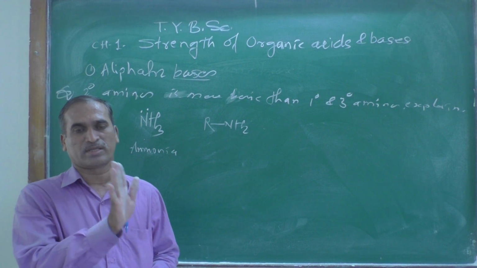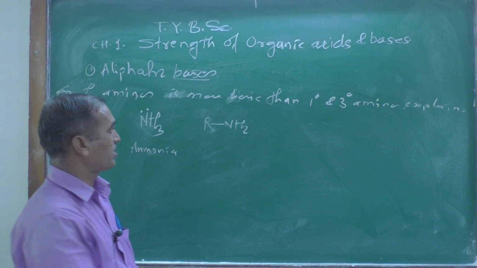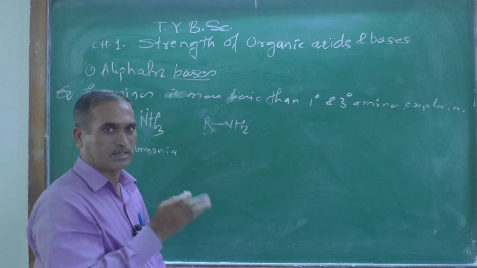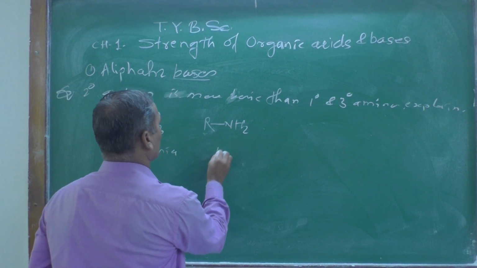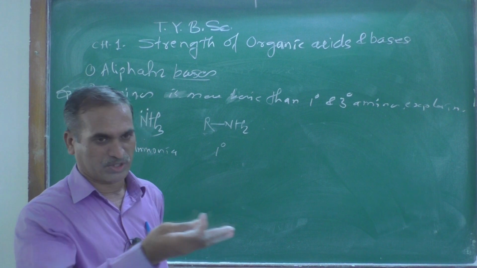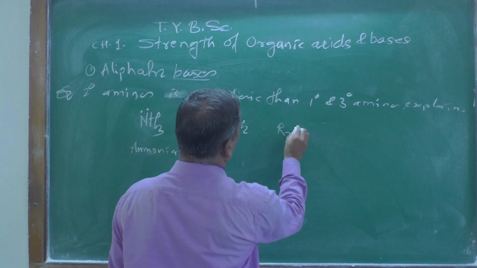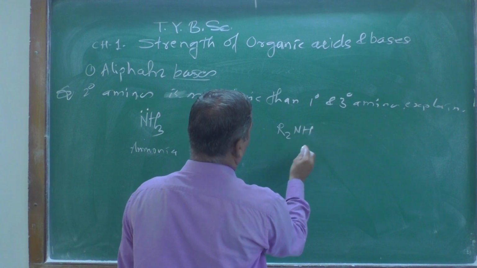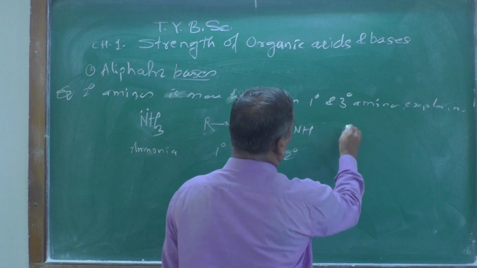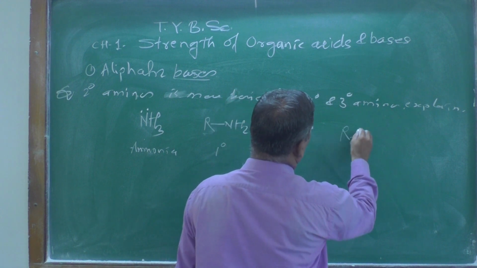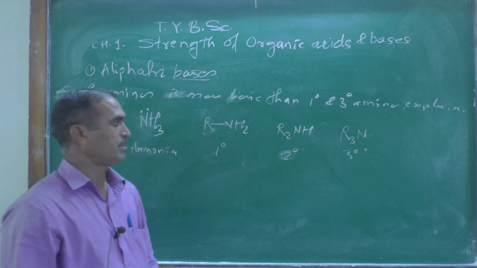Amines means the organic compounds having the general formula R NH2, where R may be an alkyl or aryl group. This we can call a primary amine. Or you can draw R2NH, known as a secondary amine, and the third, tertiary amine, is R3N. These are the amines.